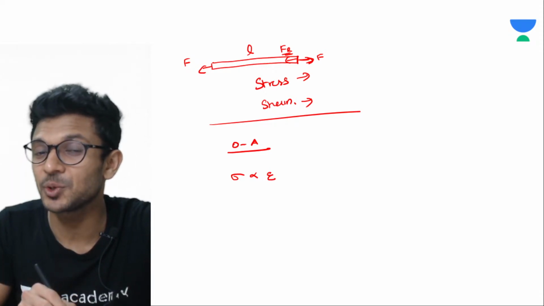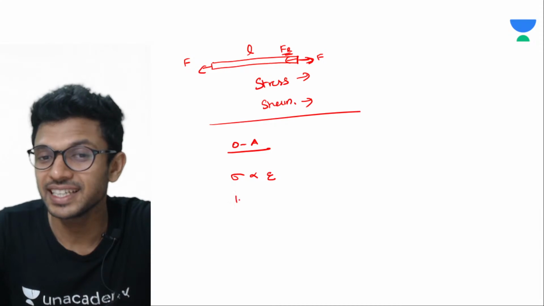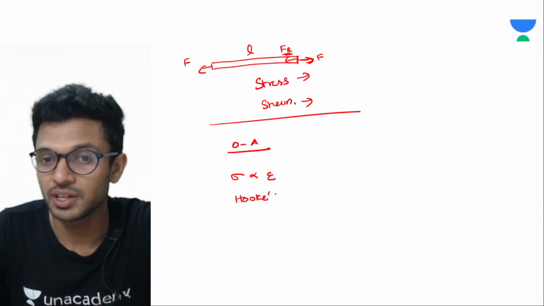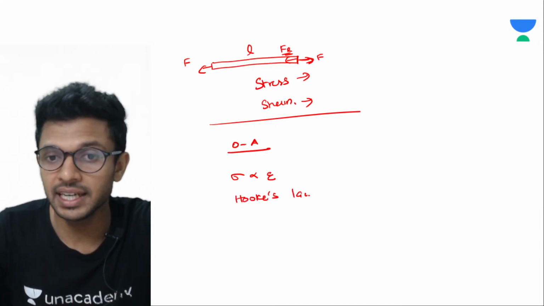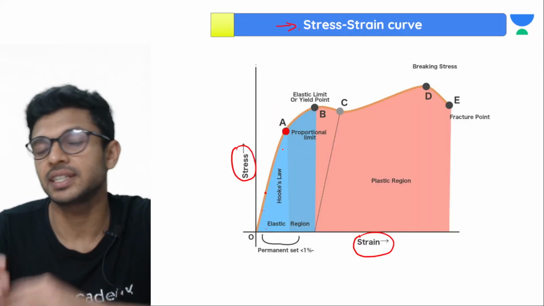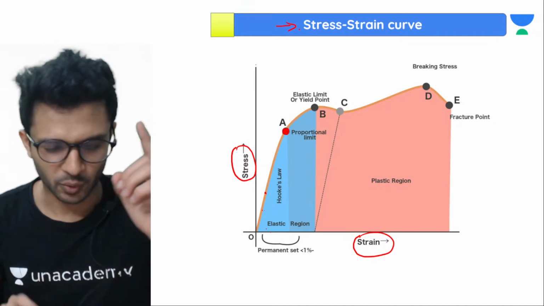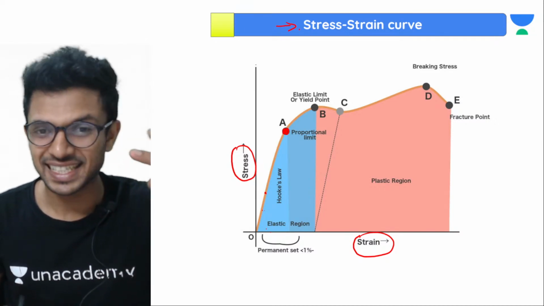If it is directly proportional, which law is being satisfied by that particular material? Yes, Hooke's law. Very important, everybody take down the note along with me. From 0 to A, where the stress is directly proportional to strain, Hooke's law is being satisfied. That is the first point.